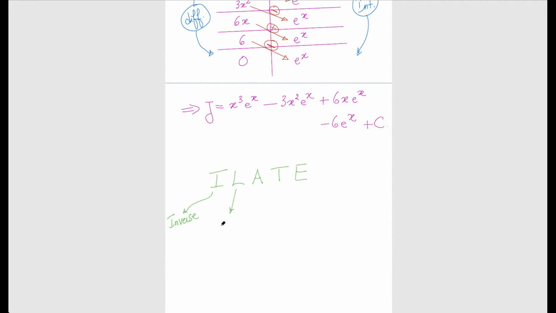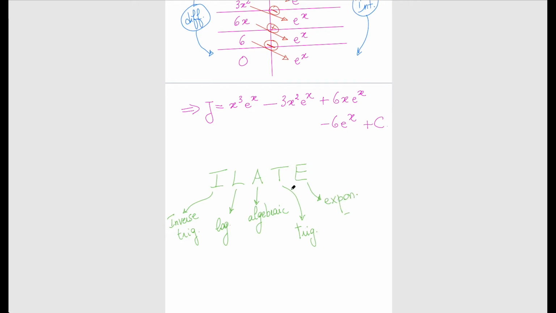L is for logs, for logarithms. A is for algebraic expressions. T is for trig functions, and E is for exponential. So I is for inverse trig functions, L for log, A algebraic, T trig functions, and E exponential.